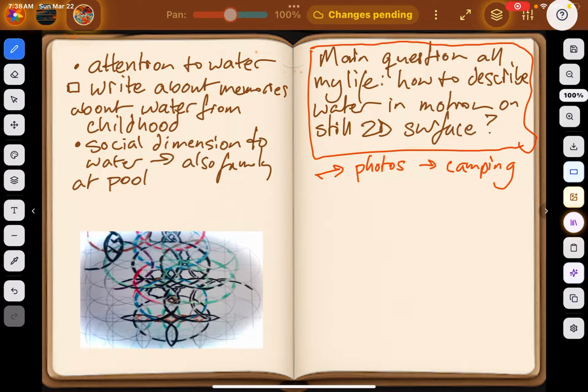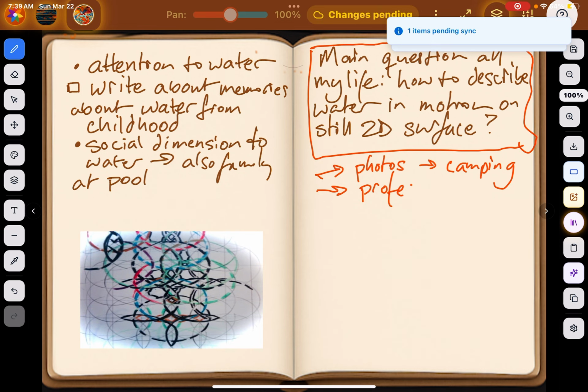And I write poetry, and I paint, and I draw, and I was an art teacher, and I was also sort of a design and technology teacher. So I was really using all of these different tools to analyze this obsession with water.